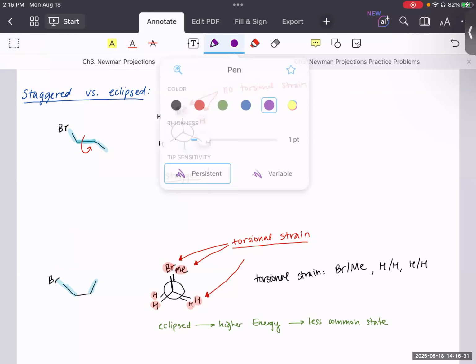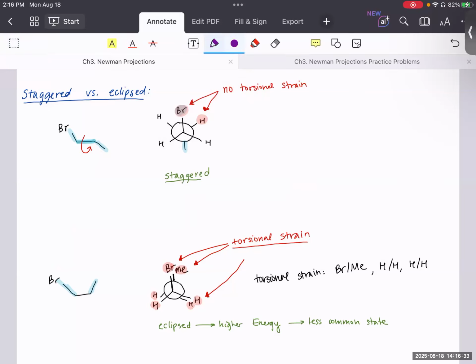Steric strain occurs when there are big groups, for example methyl groups, butyl groups, really anything that has multiple atoms on it. Those groups also cause steric strain. For example, this bromine and this methyl group end up having clashing occur between the groups because they're bigger, or specifically, that methyl group is pretty big.